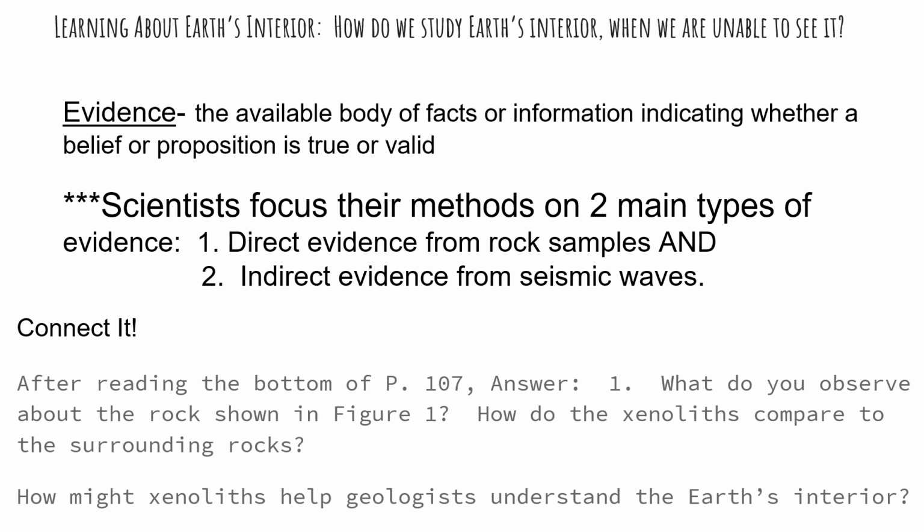So, under Apply Scientific Reasoning, how might xenoliths help geologists understand Earth's interior? If we think about that, we know that they were picked up and carried to the surface by melted rock, which means that they were under the surface at some point, and therefore that's going to give us an example of what kinds of things are within Earth's interior.